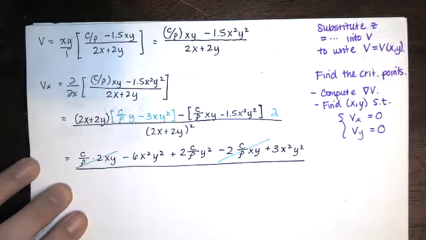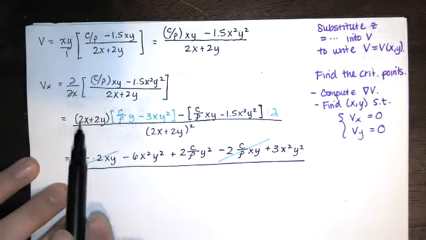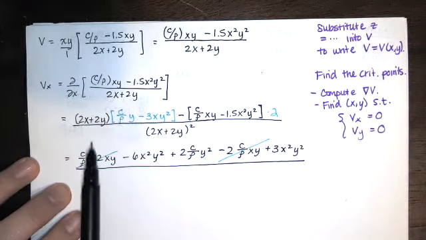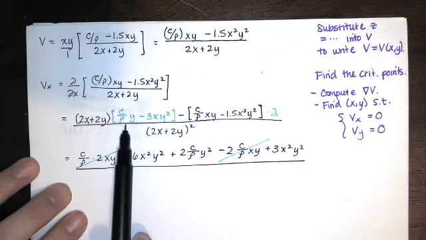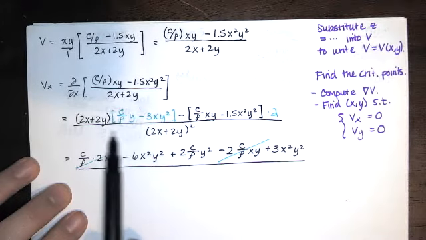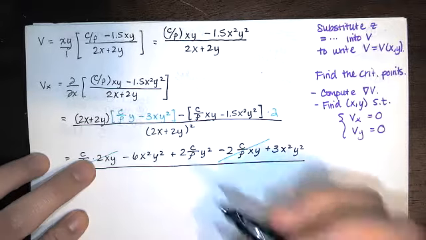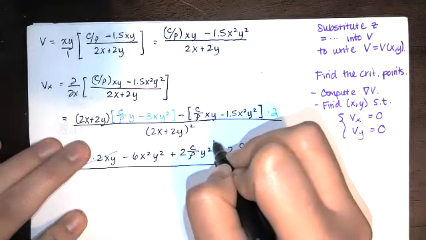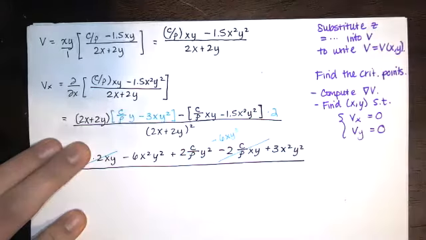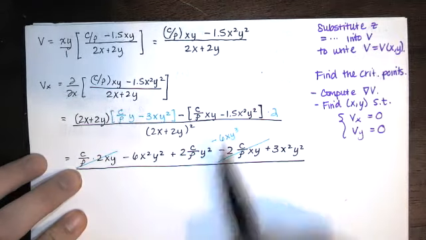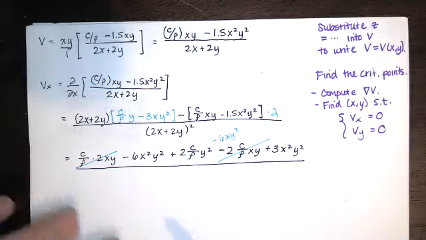Oops, I think I missed a term. We did first times first here, outer times outer, and then inner times inner. I think I forgot to do last times last. We should have a minus 6xy cubed there. I'm sorry about that. Yeah, that's the last times last. So those are gone.